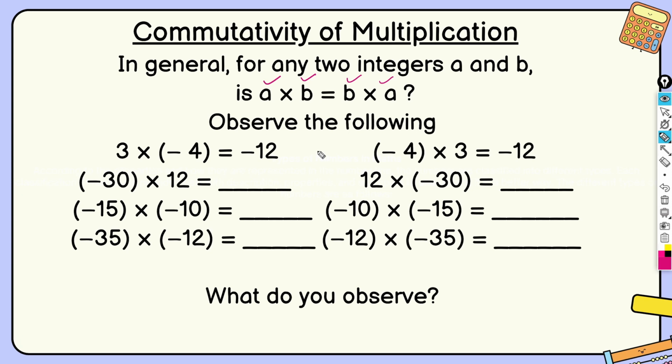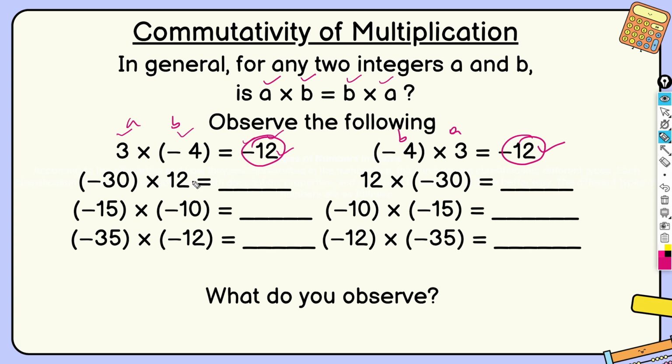So now we will see if this is true with the product of integers. 3 into minus 4: plus into minus is minus, 3 into 4 is 12. So the result is minus 12. This is a into b. Now we will see b into a. Minus 4 into 3: minus into plus is minus, 4 into 3 is 12. This is minus 12. So in both cases the result is minus 12. So a into b is b into a.